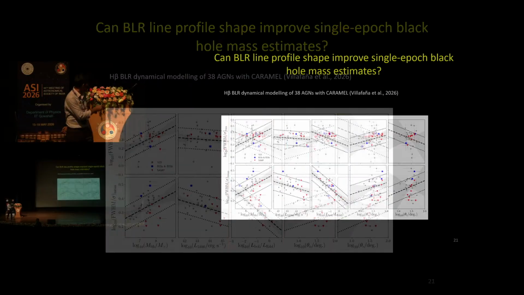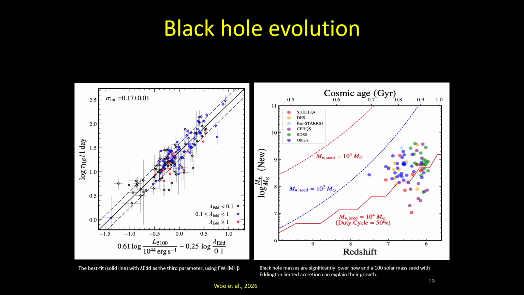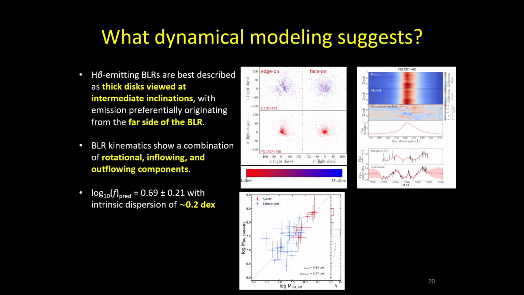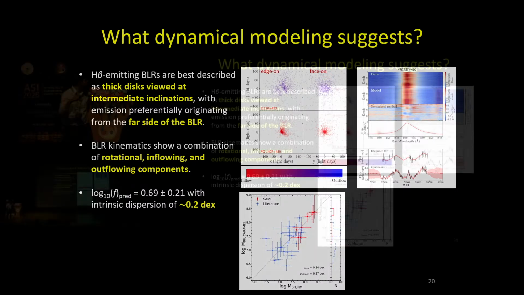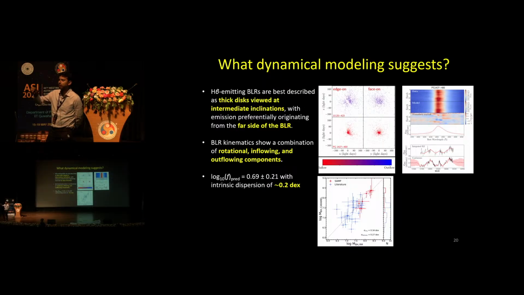But you see the f factor has significant variation, between, let's say, 10 and 1. For 38 AGNs we have estimated this f by modeling the spectra, all the spectra throughout the monitoring. It's a geometrical factor. But the error bars are so large that you cannot study this currently.